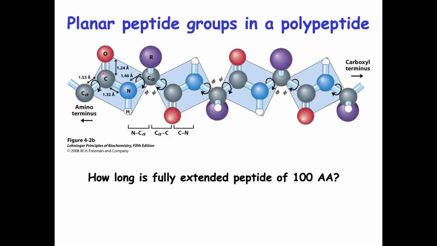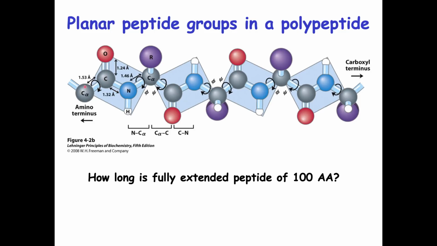So if we look in general, some typical bond distances: between your carbonyl carbon and the oxygen is 1.24 angstroms. Between the nitrogen and the alpha carbon is 1.46 angstroms. Between the nitrogen and the carbonyl carbon is 1.32 angstroms.